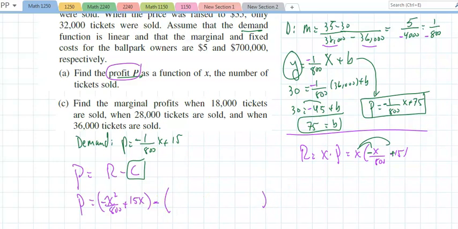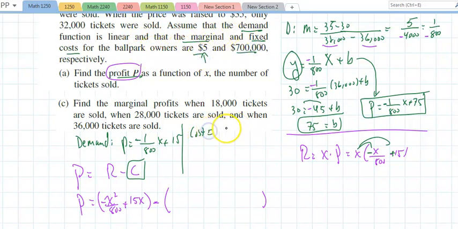Now, how about the cost function? Let's figure out the cost function. It says, assume that the demand function is linear and the marginal cost and the fixed cost. This is the changing cost and this is the fixed.